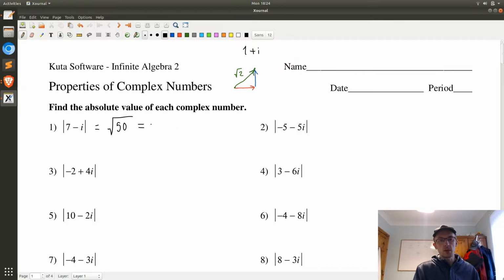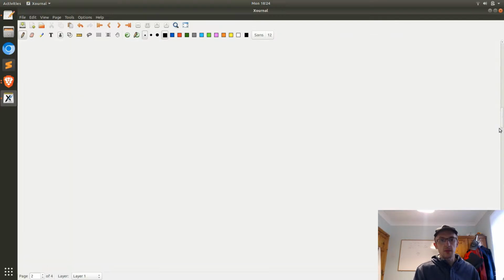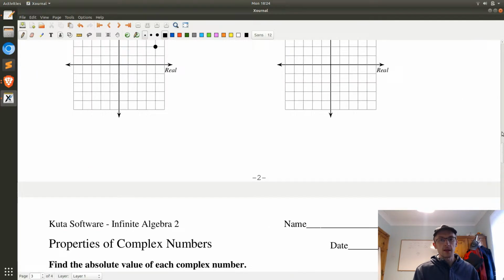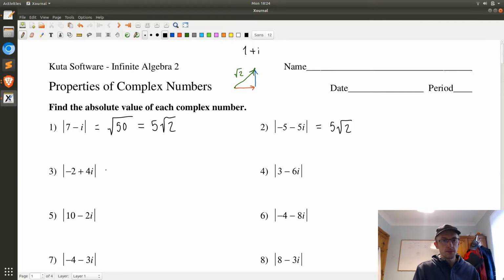We know that this is root 2 times root 25, so 5 root 2. And that's great. This here is a similar story. This is root 50, so 5 root 2 as well. And let's check and see if that's correct. And it is. Wonderful.